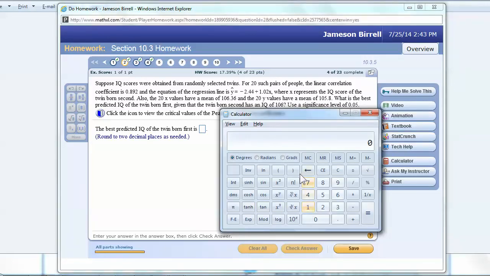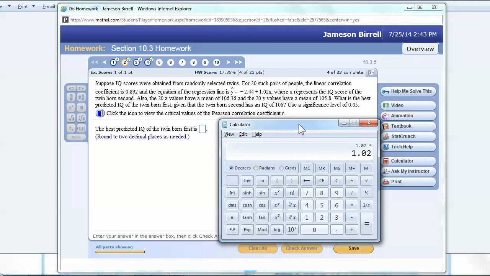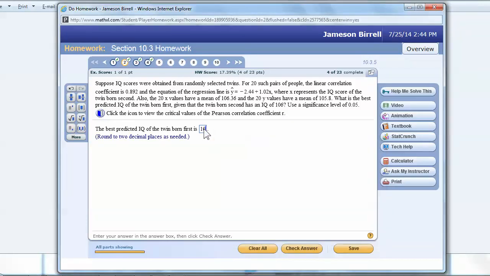So we've got 1.02 times what's our x value? 106 plus negative 2.44. And we get 105.68.